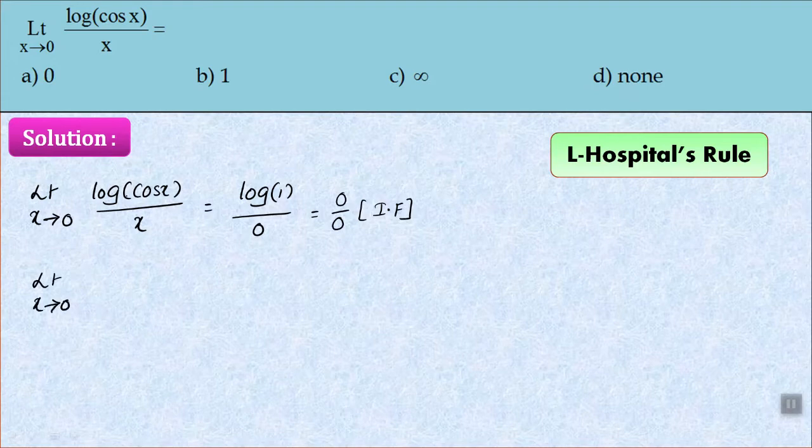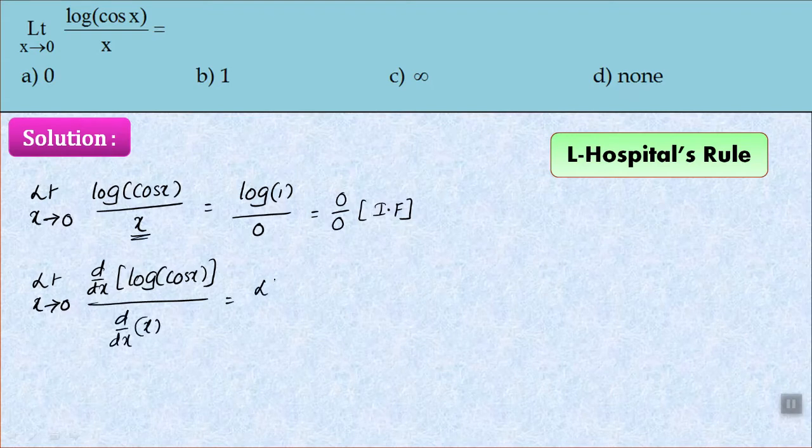Here in the numerator and denominator differentiating with respect to x: d by dx of log of cos x divided by d by dx of x, equals limit x tends to 0.